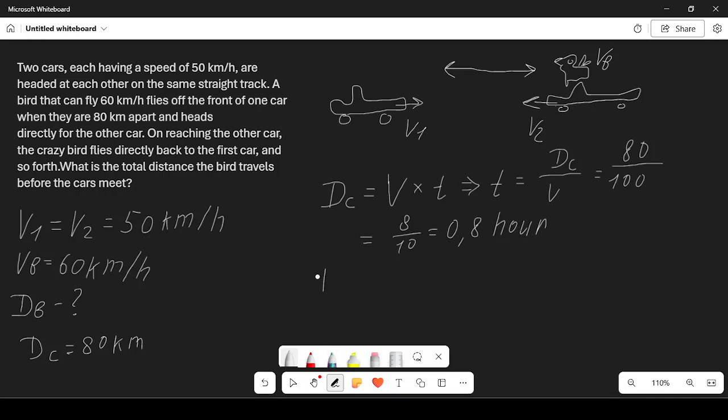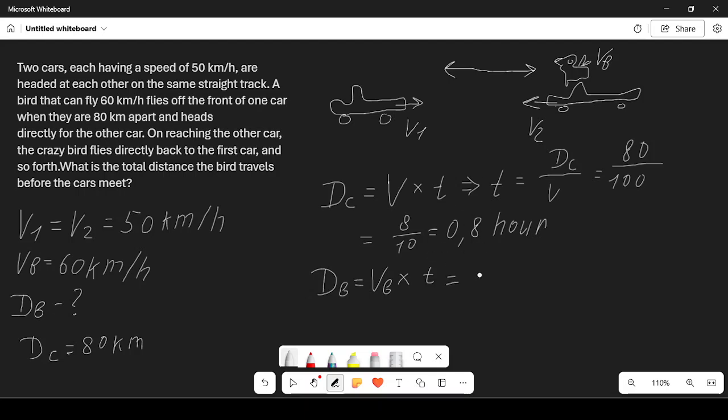Again, we can use the same formula: the distance made by the bird equals the speed of the bird, which we know, multiplied by time. The time our bird has for moving and the time before the cars meet are the same, so we already know the time.